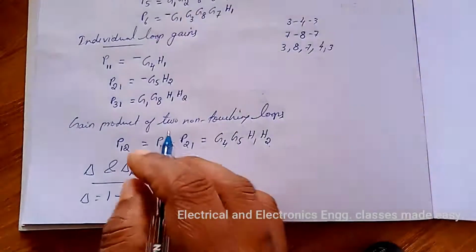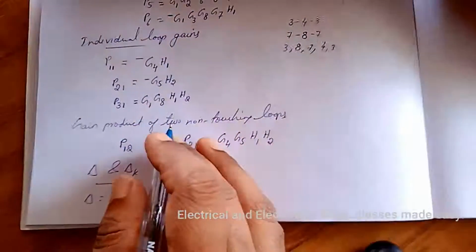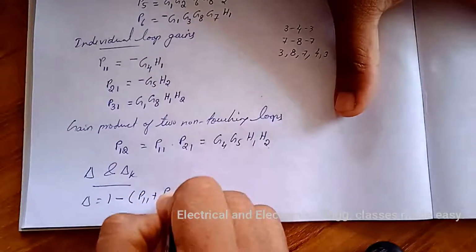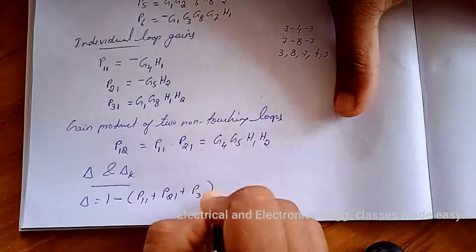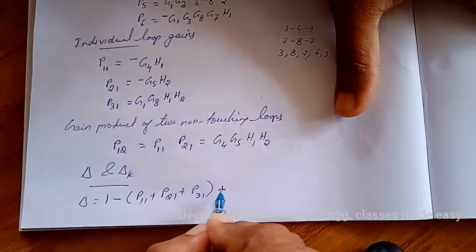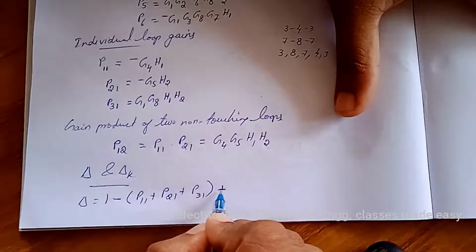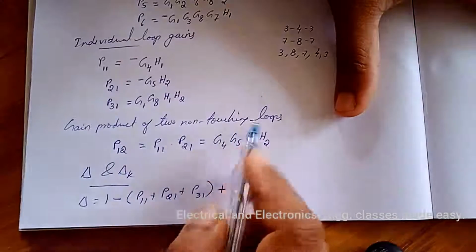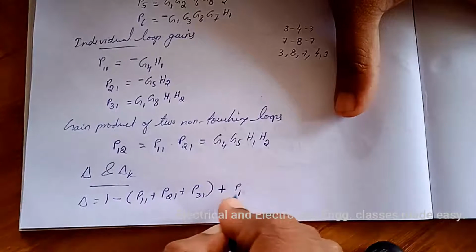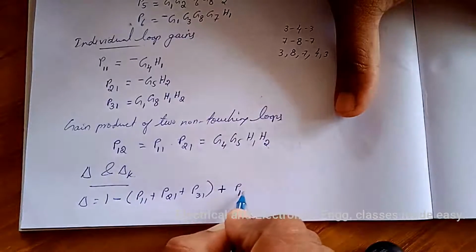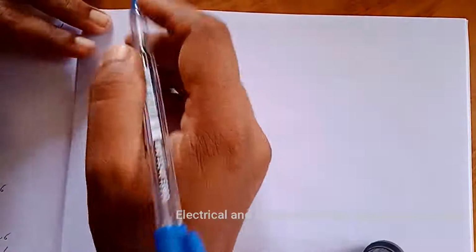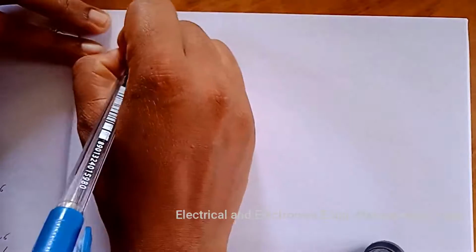So individual loops are P11 plus P21 plus P31, then plus the gain product of the 2 non-touching loops, that is here only 2 non-touching loops, so P12. So all the terms we have already written.